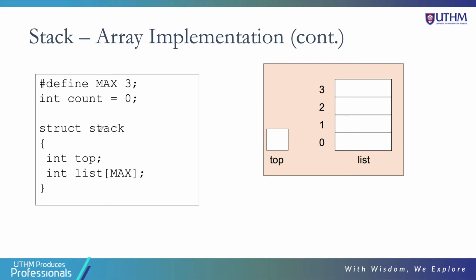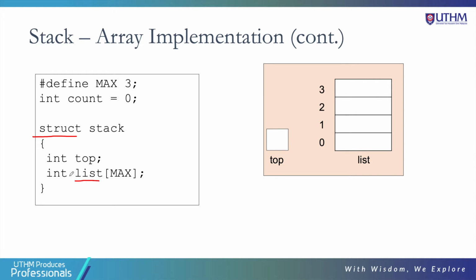So this is the initialization of a stack by using an array. If you notice, we are still using struct. Why are we using struct? Because sometimes we need to have more than one element, whereby the elements are from different data types. But in this example, we only have one element, which is an int.